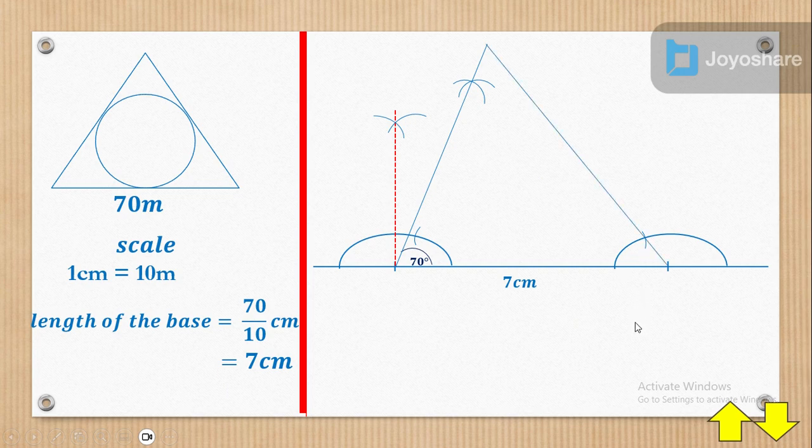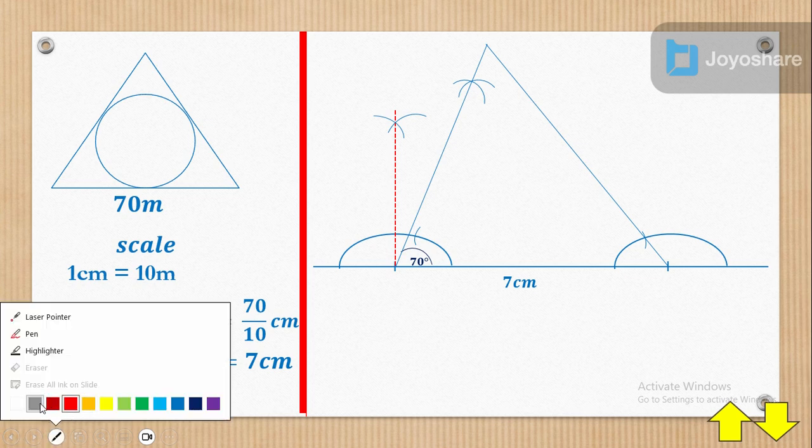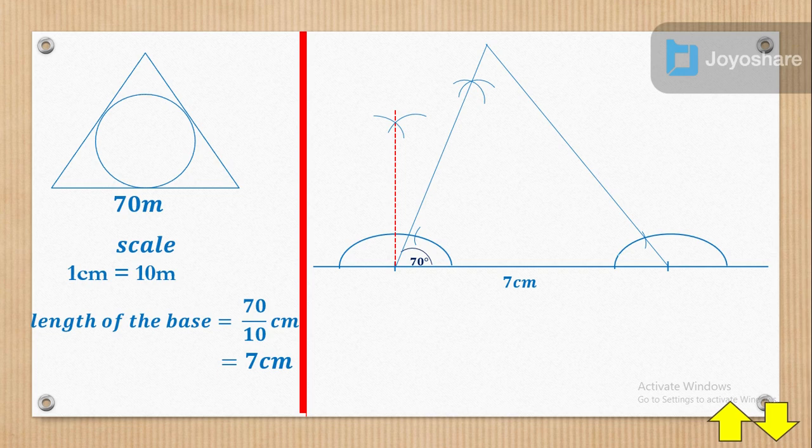Then we do a solid line, and this one here will be our angle 60. From here up to here is 60 degrees. So we can now proceed.